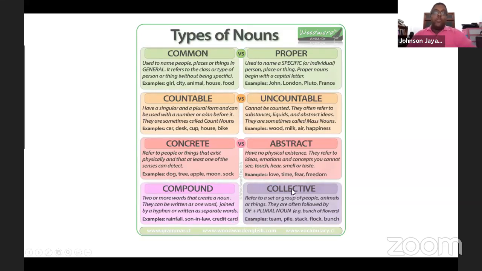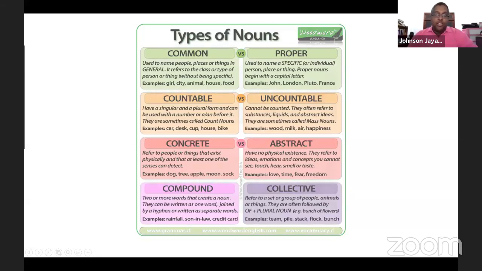So what do we mean by collective nouns? Collective nouns is the name that we give to groups of nouns, or teams of nouns. So here is an example. A football team, a pile of rocks, or a pile of wood maybe, a stack of books, a flock of ducks, a bunch of flowers, and for fish, we would say a school of fish.